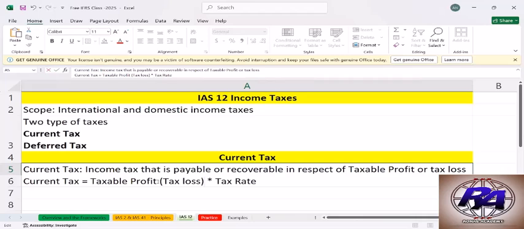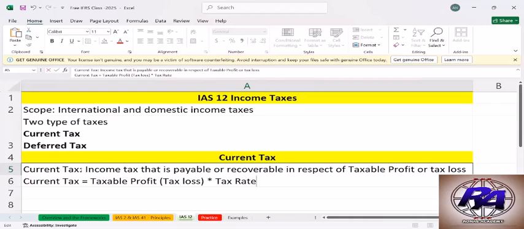Now, please pay attention to what we are about to do, because it's the foundation for the whole taxation principle. If you want to get the principles of IAS 12, it's about what we are about to do. The explanation of the meaning of current tax is the foundation and the key principle to understanding IAS 12.